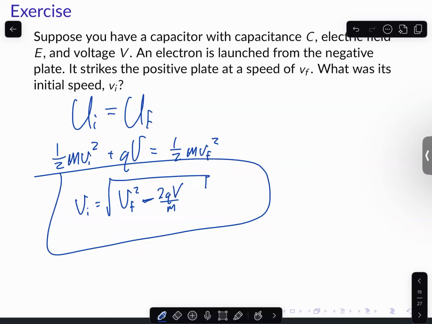I'll encourage you to think about whether electrons are positive or negative and whether opposites attract or repel. Again, my question for Google form I is, if I take an electron and let it go from the negative plate to the positive plate, will it speed up or slow down?